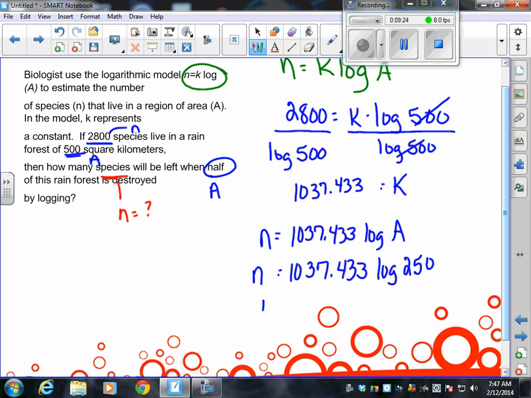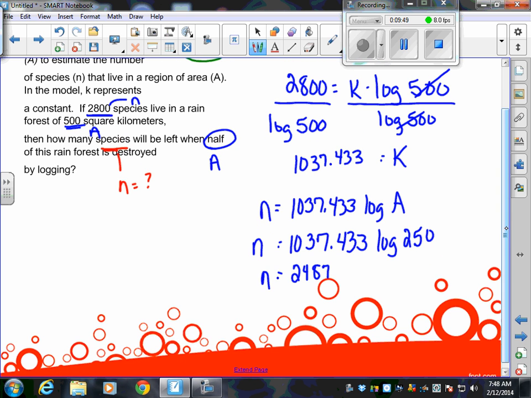I just grabbed my calculator and put that in, so 1,037.433 times the log of 250. And I get that there is 2,487, if I round down, because we're talking about species. So there's less than 2,500 species left out of the 2,800.